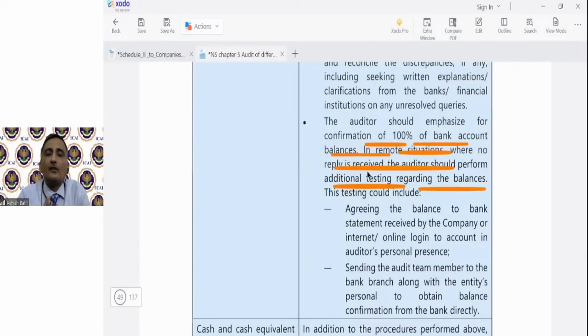And we have also understood the requirements of Schedule 3 relating to trade receivables and cash and cash equivalents. So students, again I am stressing that do remember the disclosure requirements of Schedule 3. Remember complete Schedule 3.